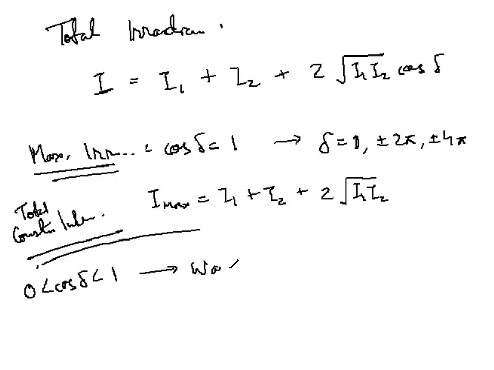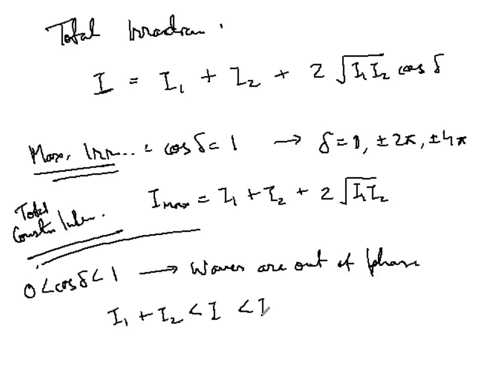The waves are out of phase, right? And here also we have I1 plus I2 less than I, less than I max in this case, and also in this case we can say that we have constructive interference.